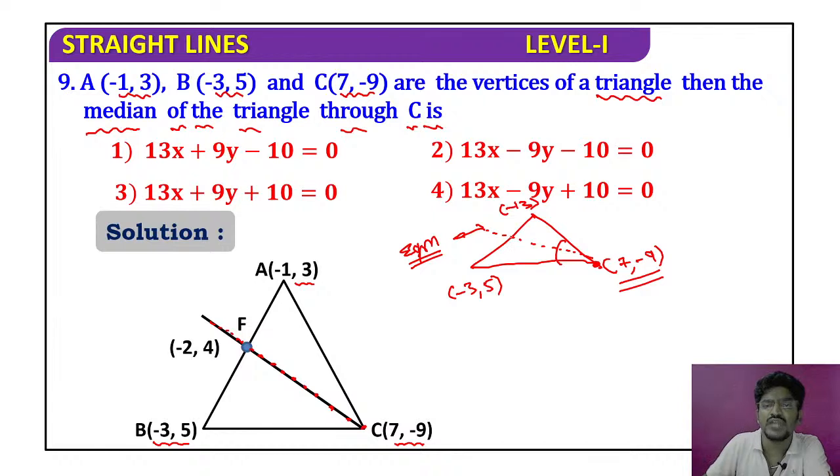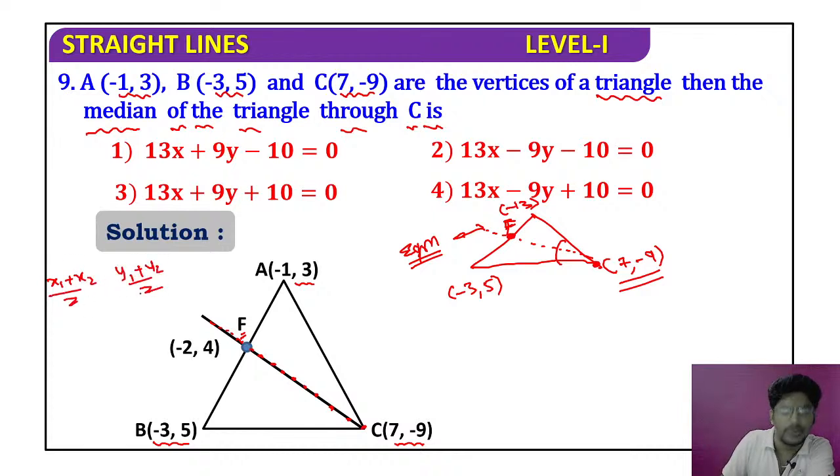Okay. So now already you know one point. Median means we know that this particular point will be the midpoint, that I will take as F. To identify this midpoint F, you know the formula: x1 plus x2 by 2, y1 plus y2 by 2. Using this midpoint formula, minus 1 minus 3 divided by 2, that will be minus 4 divided by 2, that is minus 2.